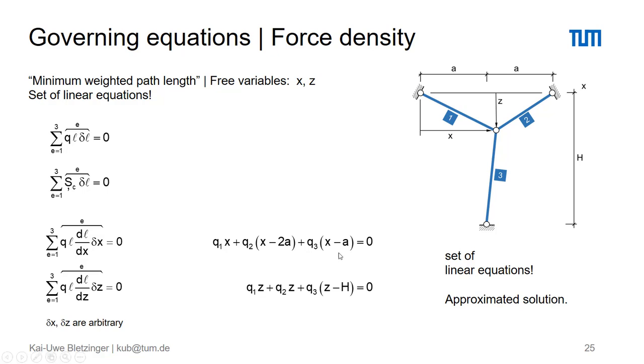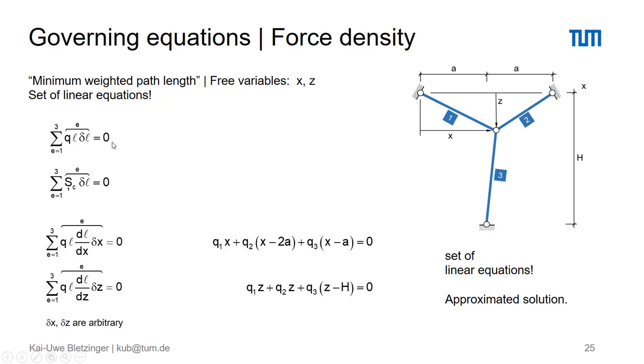Next, we change our problem, and instead of directly controlling the cable forces, we now directly control the force density. That means we are indirectly controlling the member forces and the length.